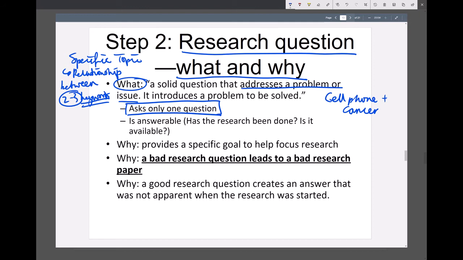So it might be something like this. What is the relationship between cell phones and cancer? Now remember, you can form these questions with the keywords. So here's keyword 1, cell phones. Here's keyword 2, cancer. Here's the type of question you want to ask. Here's the what.